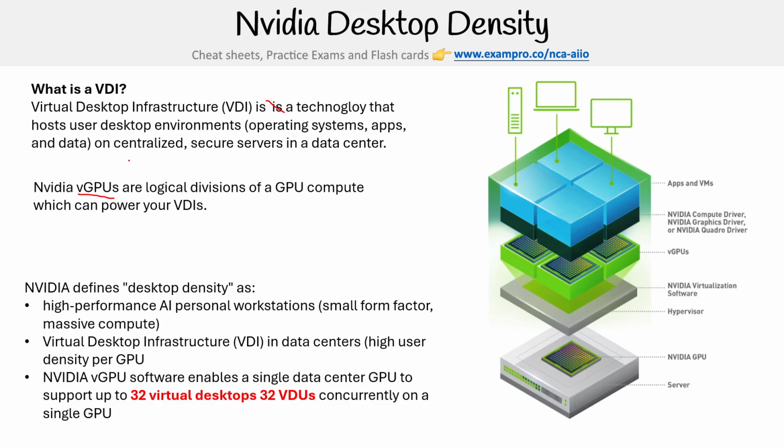NVIDIA vGPU software enables a single data center GPU to support up to 32 desktops, so that is 32 VDIs concurrently on a single GPU. Notice that I've highlighted 32 virtual desktops. If you get a question on NVIDIA desktop density asking how many it supports, it's 32. There you go.